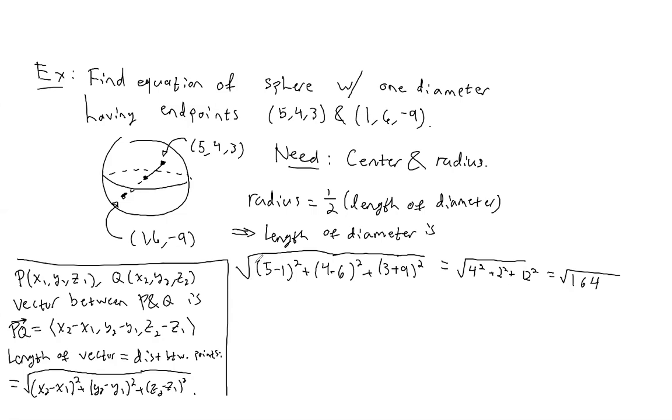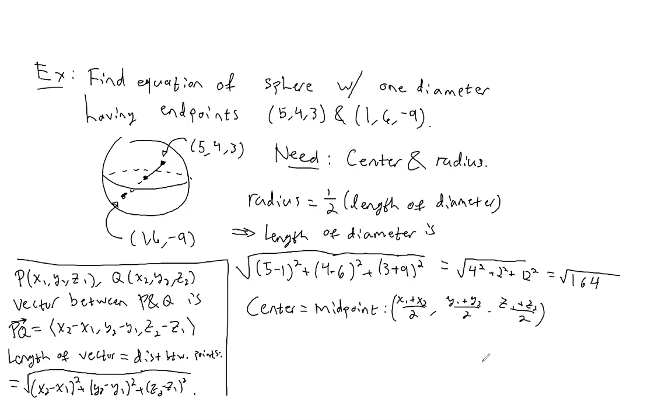So that tells us what the radius is. We now need to know the center. The center is the midpoint. The midpoint formula between two points is just the average of the two points: (x1 plus x2) over 2, (y1 plus y2) over 2, (z1 plus z2) over 2.